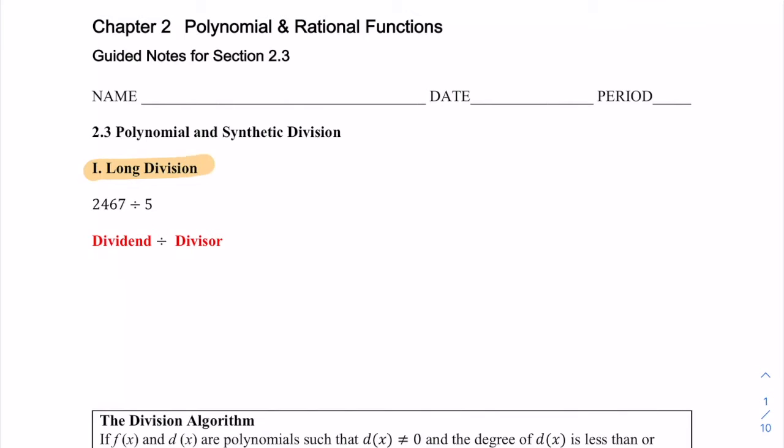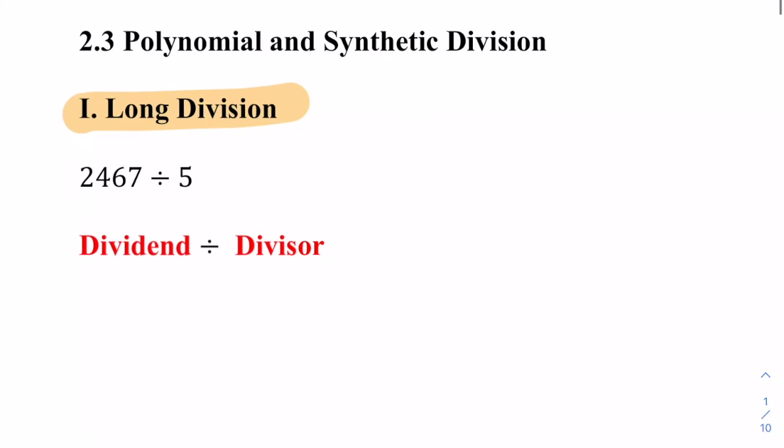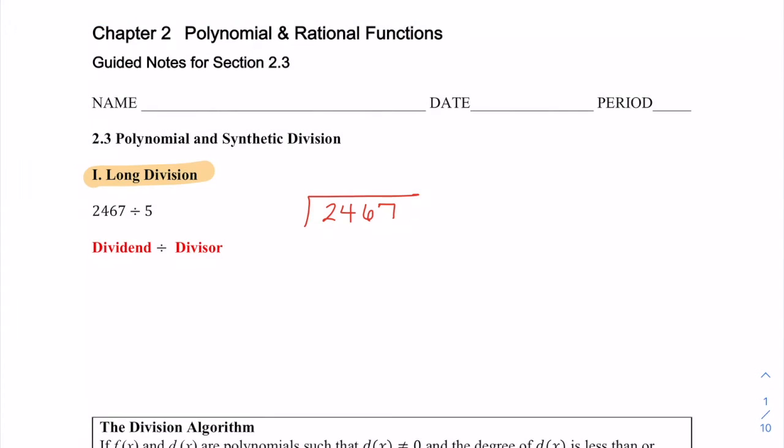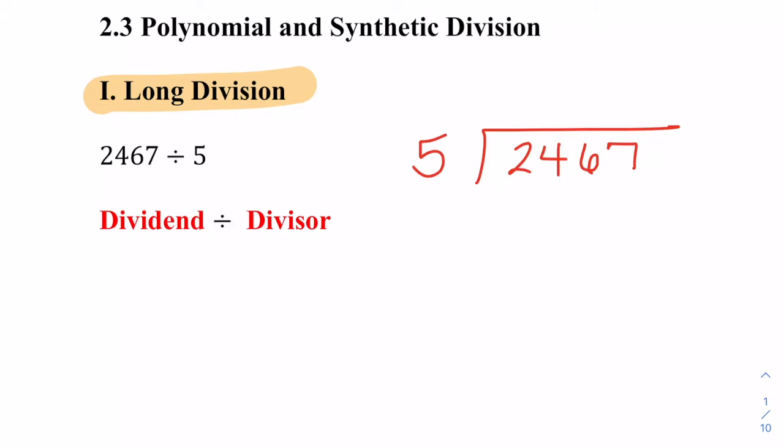So long division, you may remember from a long time ago, if you had 2,467 divided by 5, your 2,467 would be inside your fraction bar, and 5, which is your divisor, would be outside.